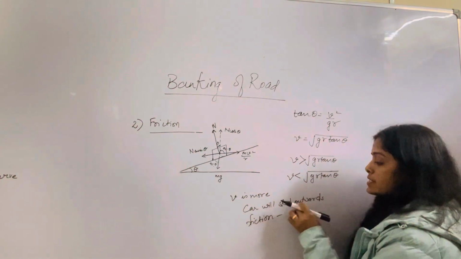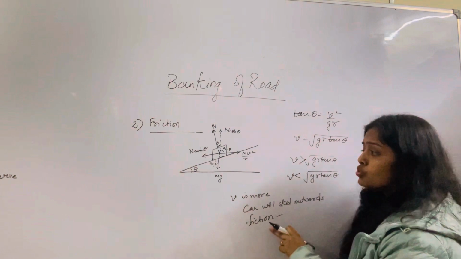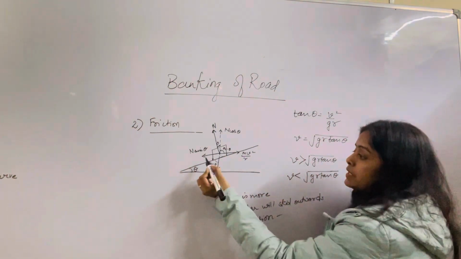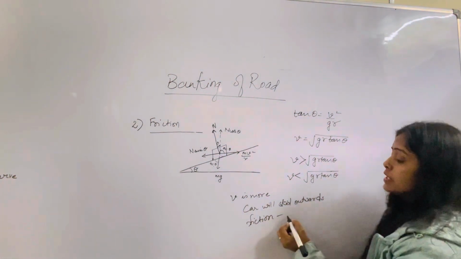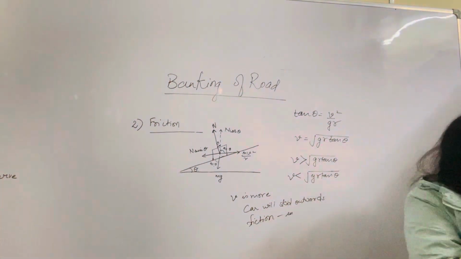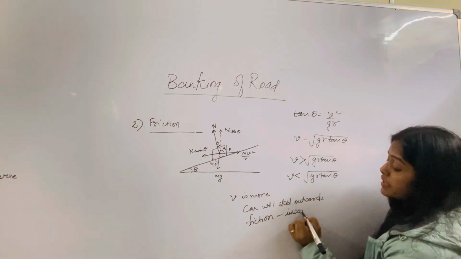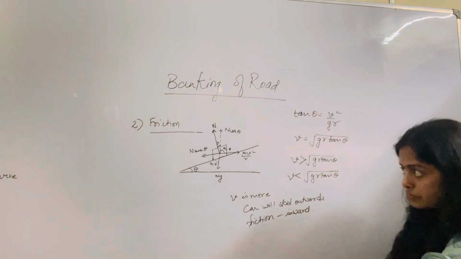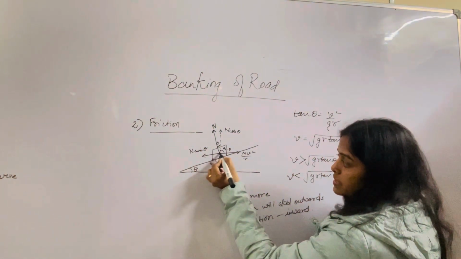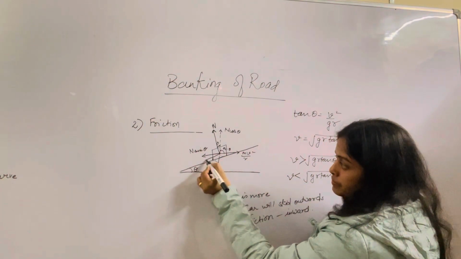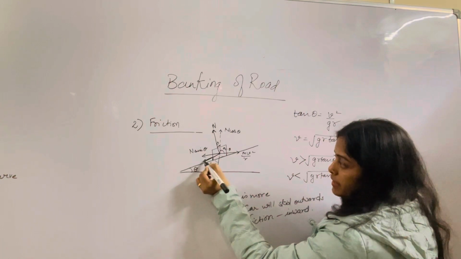So the car will skid in the outward direction when velocity is more, and friction will be in the inward direction. So friction in this case will be here in this direction, the inward direction.